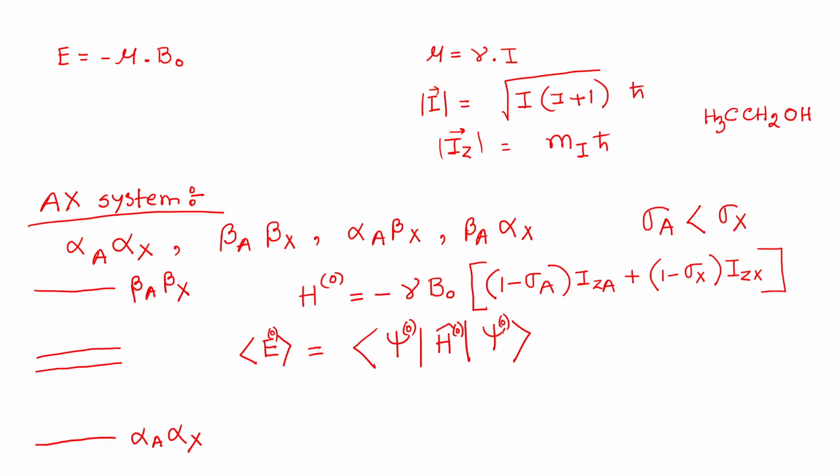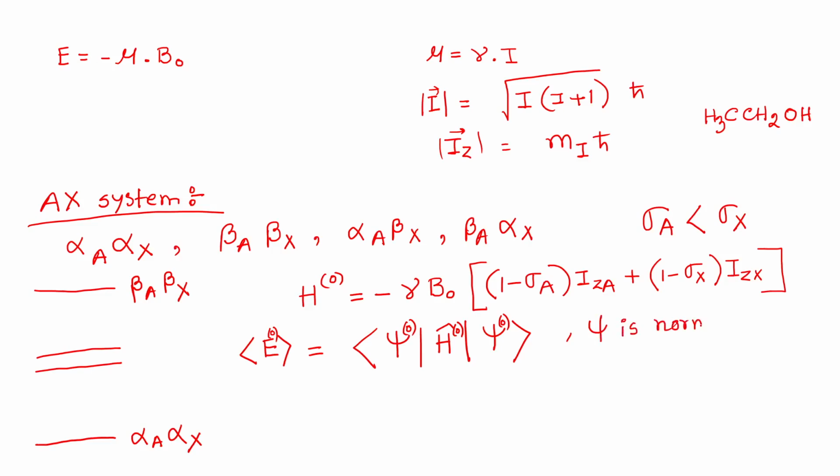Oh, sorry, this should be called zeroth order, H zero, meaning there is no perturbation. This is one of the quantum mechanical postulates that we are using, and obviously psi is normalized.